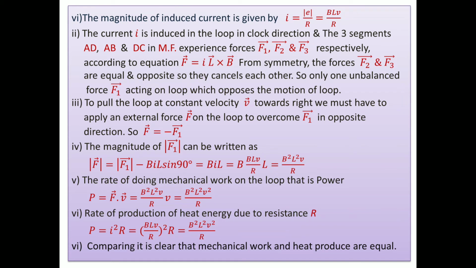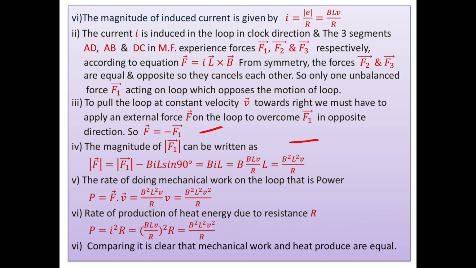To pull the loop at constant velocity v, we must apply an external force F on the loop to overcome the force F1, because this force is due to the Lorentz force. It is acting in this direction because of Lenz's law. It opposes the motion, so F equal to minus F1.